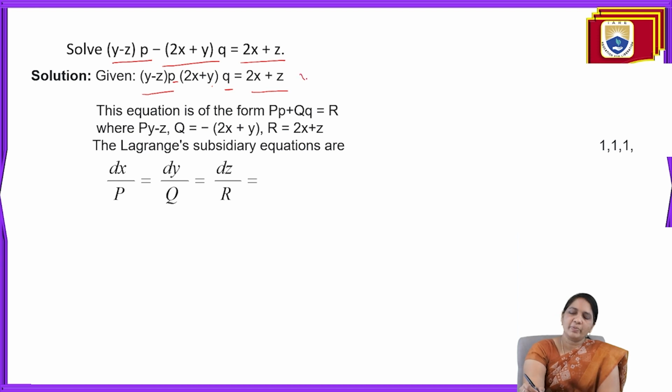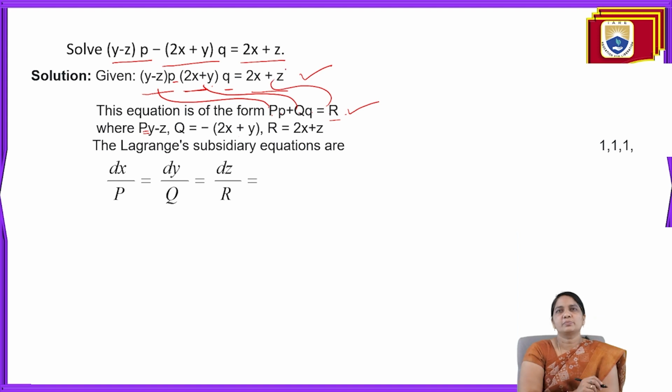Now I am going to compare the given equation with the Lagrange's form, which is capital P into small p plus capital Q into small q equal to R. So capital P equal to y minus z, capital Q equal to minus (2x plus y), since the minus is there, and R is 2x plus z.